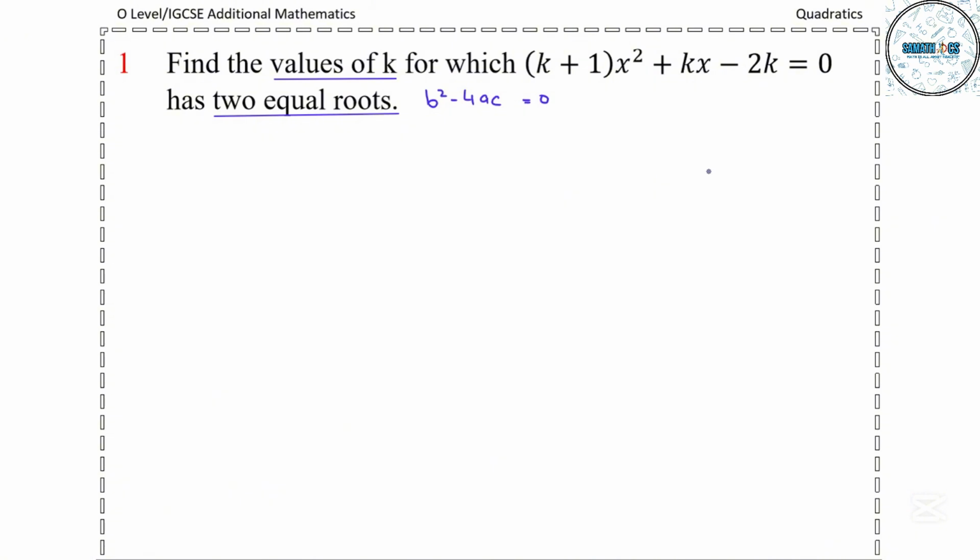Let's take out the values of a, b, and c. The value of a is k plus 1, the coefficient of x squared. The value of b is k, and c is minus 2k. As we have to take out the values of k, we can just use b squared minus 4ac is equal to 0 to take out the values.